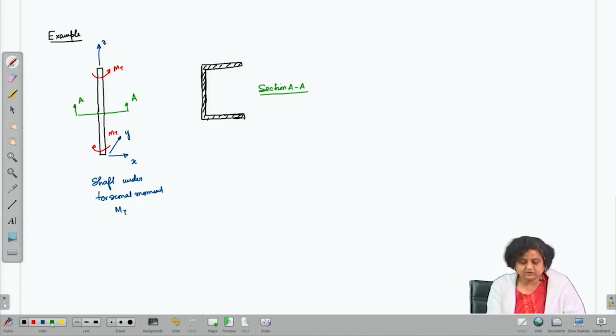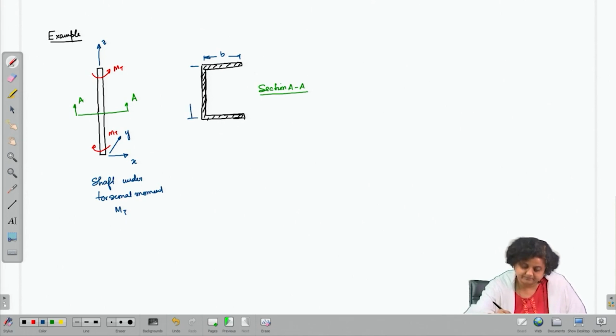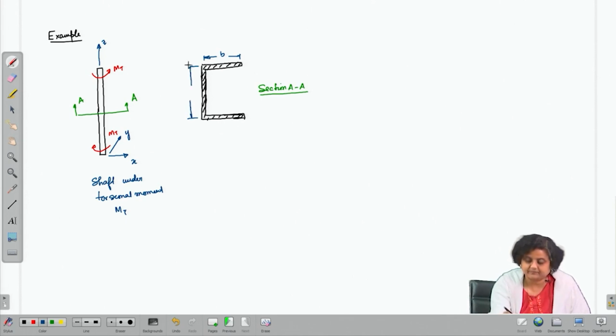Let the dimension of the C section be given like this. So let this be B. Let this be A. Let this be A. Let this be B also.